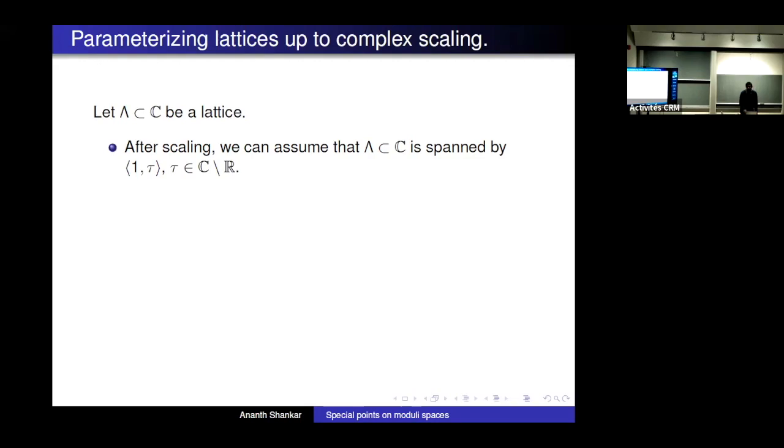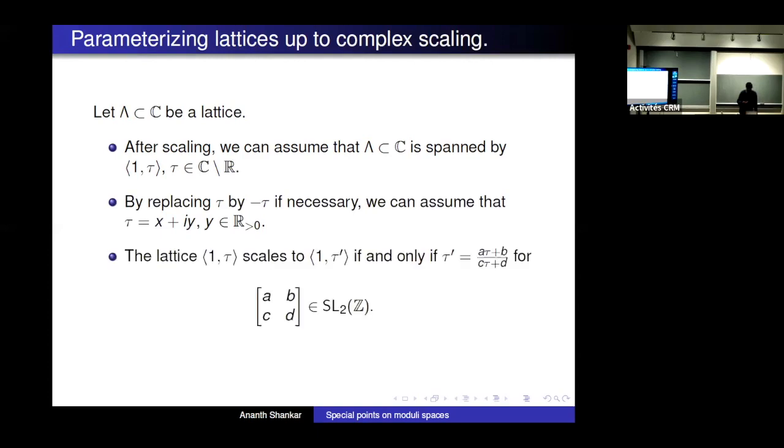Now, the group generated by 1 and a complex number tau is the same as the group generated by 1 and negative tau. So by replacing tau with its negation if necessary, we can assume that the imaginary part of tau is positive. Then we want to know when a lattice of the form 1, tau scales to a lattice of the form 1, tau prime.